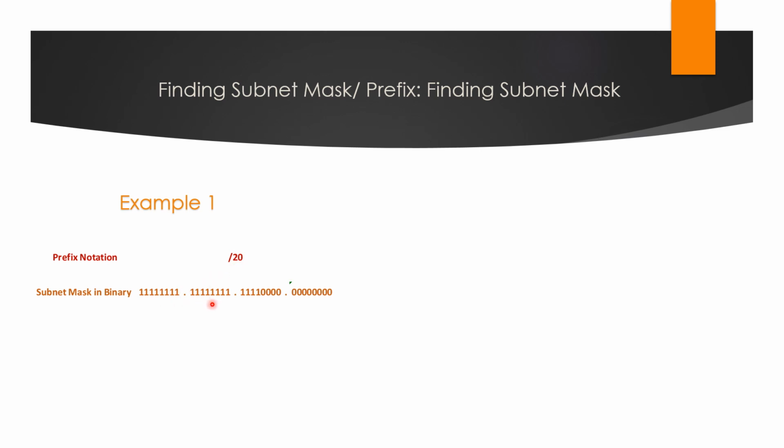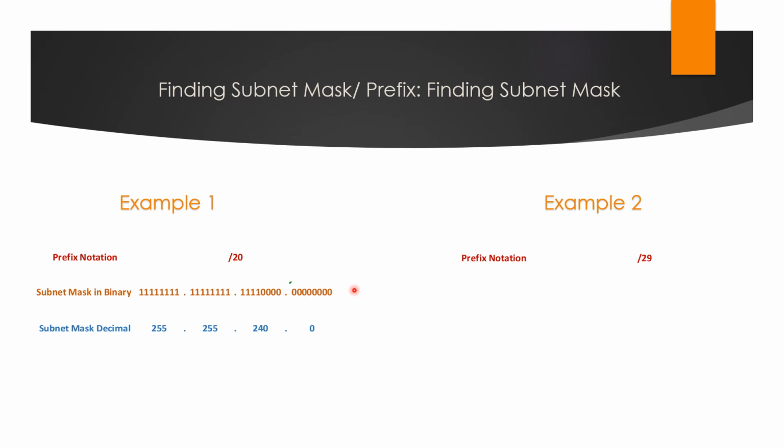So there are 8 plus 8, 16, plus 4 at the third octet. They stand for 20 bits, same as the prefix length, and then the other bits will be 0. If we go to the subnet mask in decimal format, we will have the subnet mask 255.255.240.0.